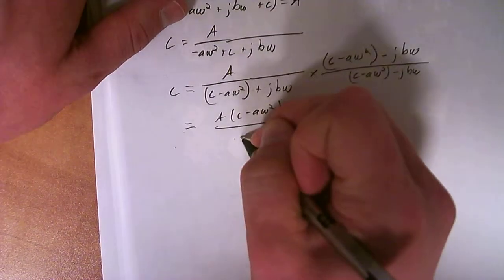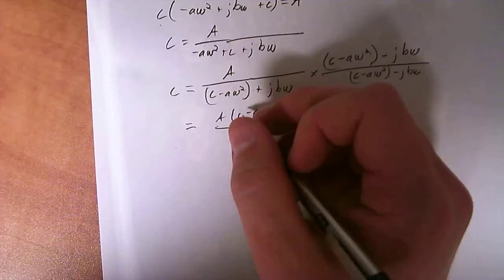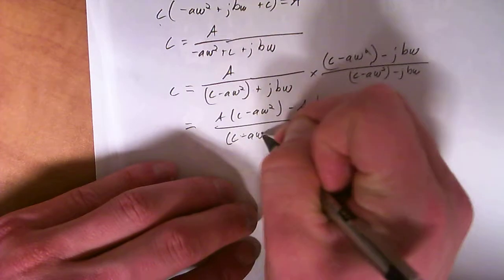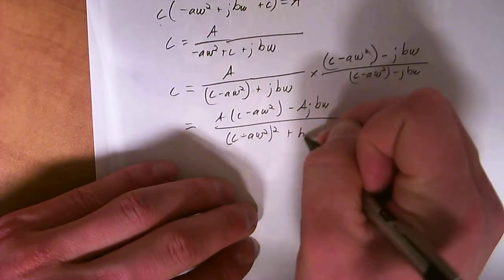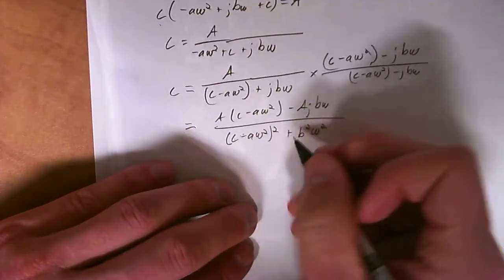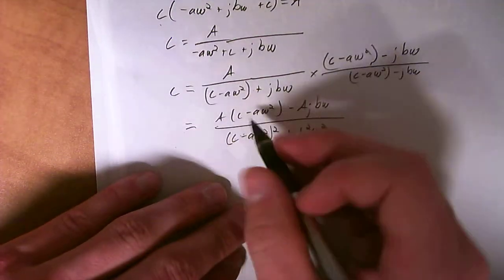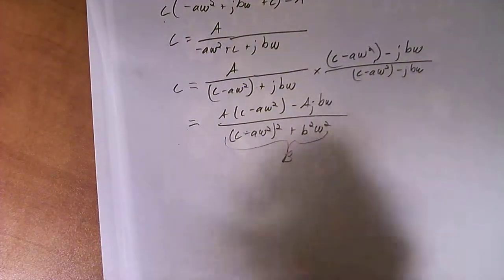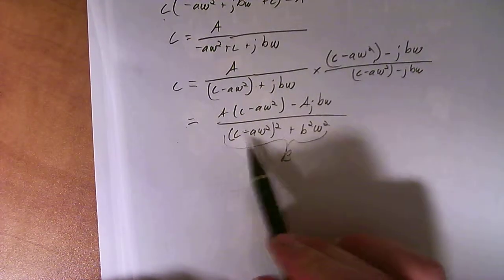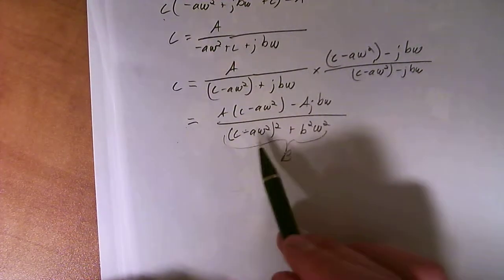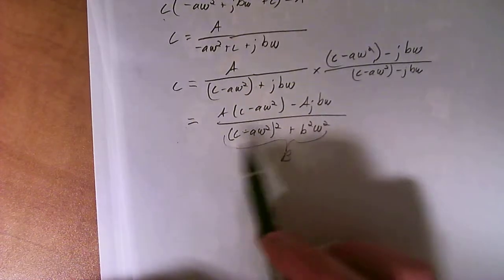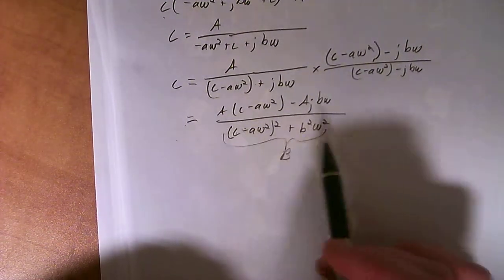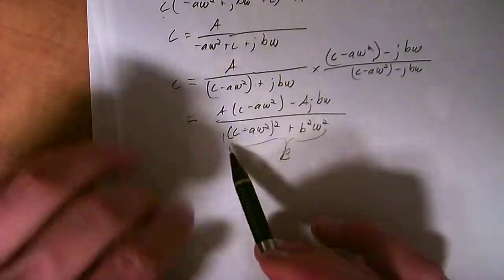Which yields A of C minus A omega squared minus A j B omega all over, wow, this just keeps on going, doesn't it? C minus A omega squared plus B squared omega squared, which we're going to call this piece B for right now, just as a placeholder because there's a lot of stuff to write.